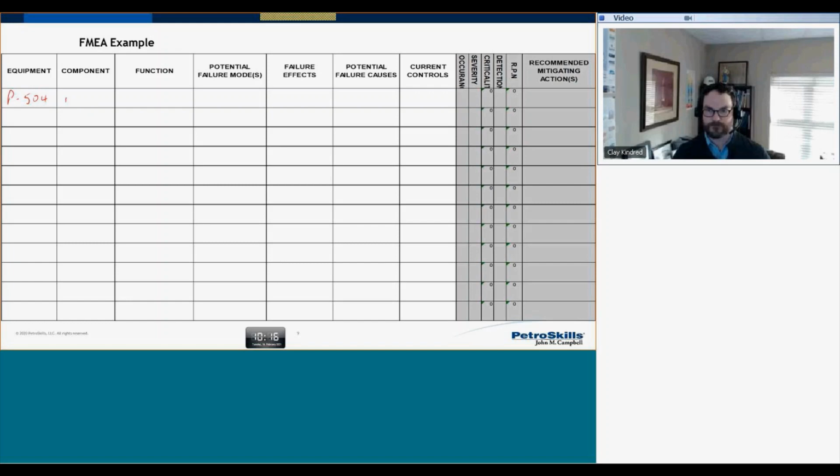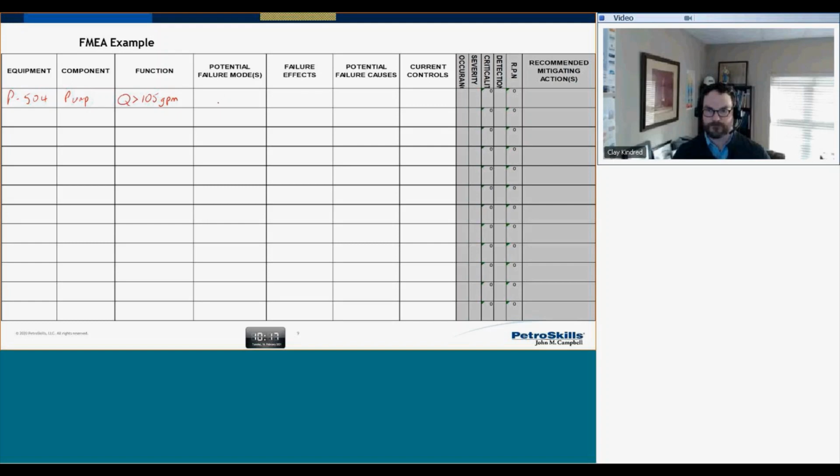Let's just say pump. The function is to supply liquid at a flow Q of more than 105 GPM. Okay, that's good. My next thing is, what are the potential failure modes?